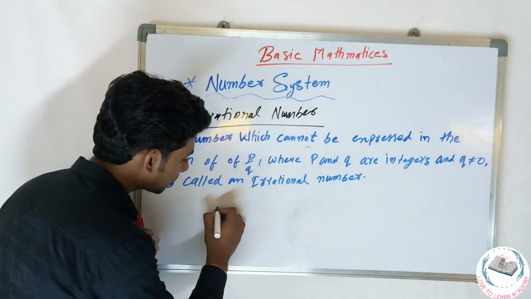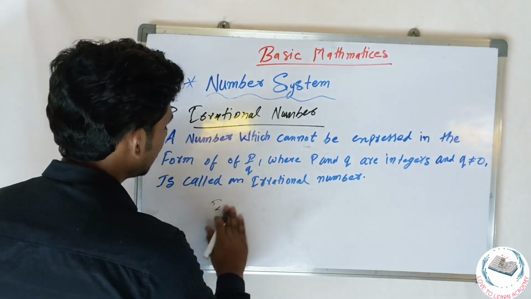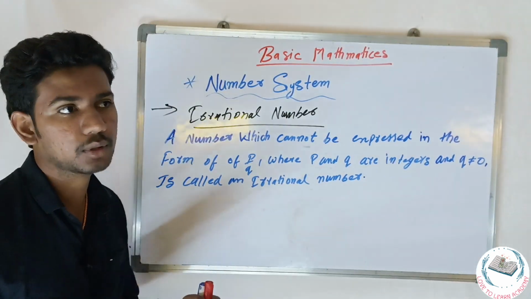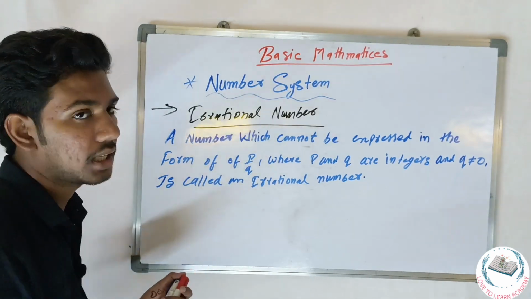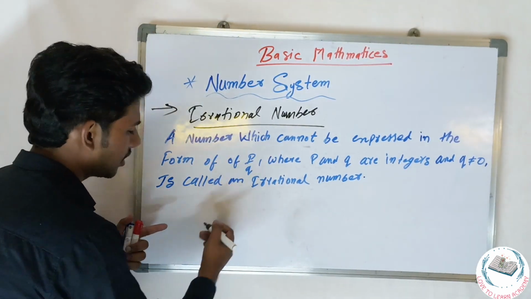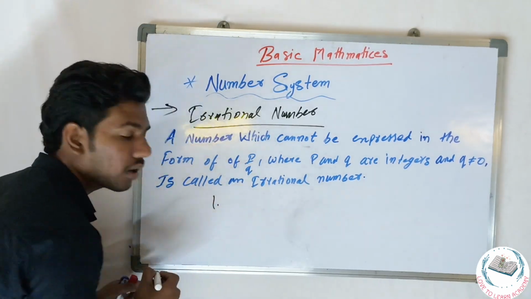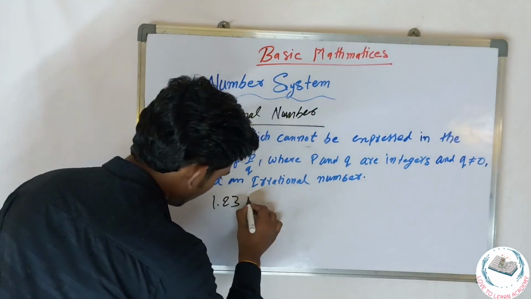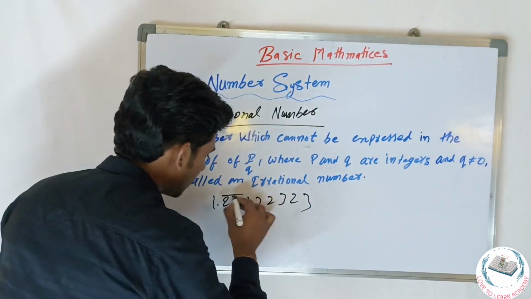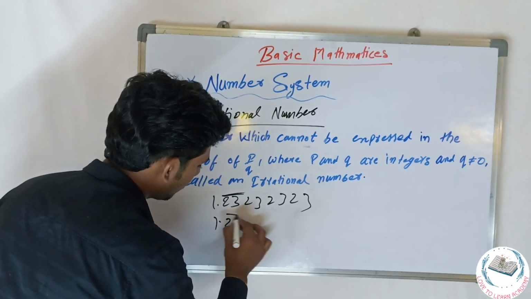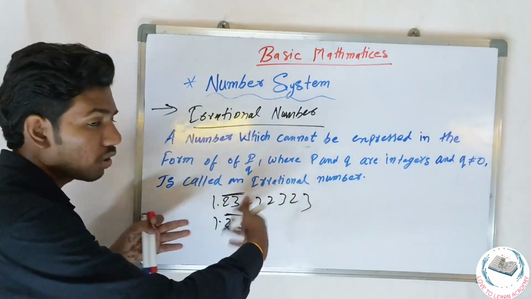I can tell this, like 2 is a rational number, right? How can I tell if a number is not rational? Suppose you take another number, like 1 point, then 23, 23, 23, 23, this number goes on and on.